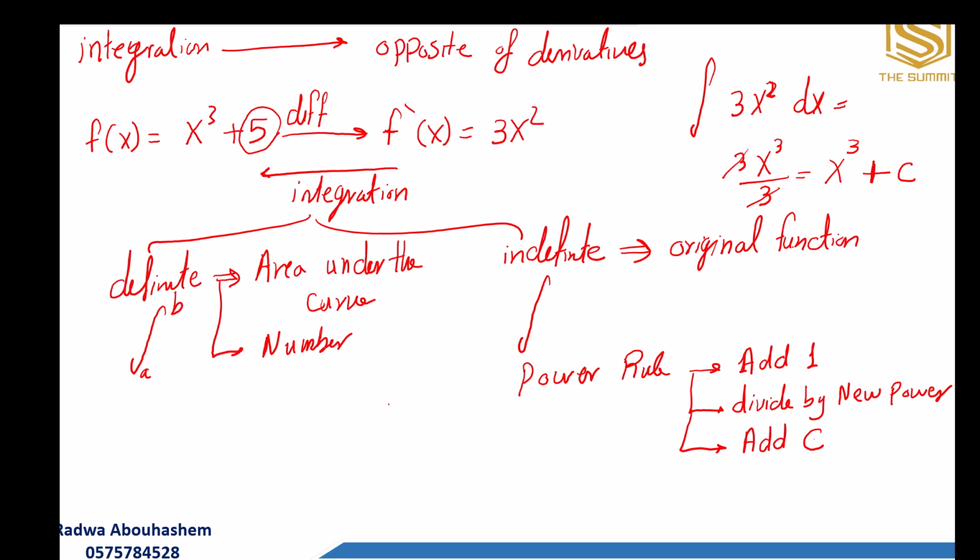Actually, we're going to use the same rule also in the definite integration, but here I have to substitute the intervals that I have in definite integration. For example, here, I'm asking you to take the definite integration from 0 to 2 for 3x power 2.